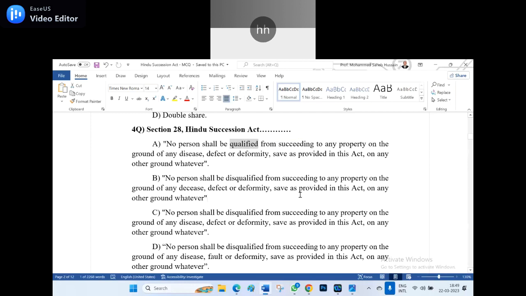Now, B here says: no person shall be disqualified from succeeding to any property on the ground of any disease. And here I wrote "decease". Decease means died.